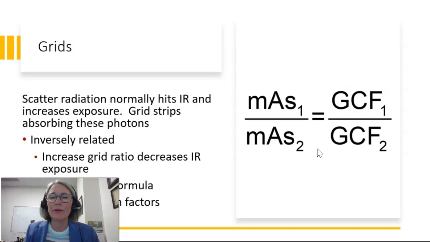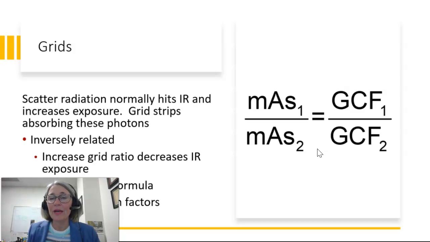I'd have to look it up, but you can plug in the numbers and see exactly what your mAs should be. If you don't know the exact number, you kind of have an idea: an 8-to-1 grid is a 4, a 6-to-1 is a 3, a 10-to-1 is a 5. I think 5 is the max.